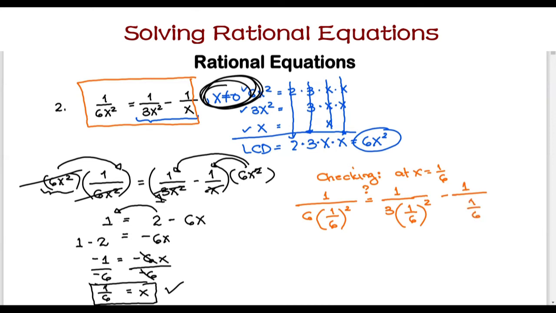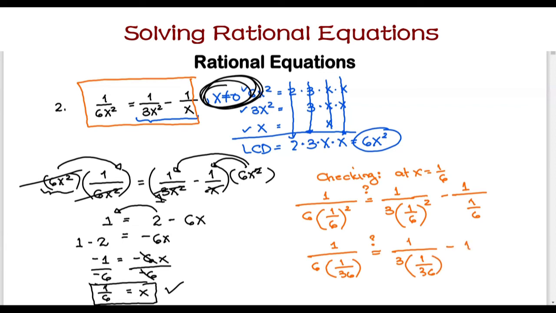So let's simplify. So we have 1 over, this is 6 times 1 over 36. This one is really equal to the other side, so may question mark pa rin. 1 over 3 times 1 over 36. Kasi ni-raise natin sa 2. Minus, ito 1 divided by a fraction.